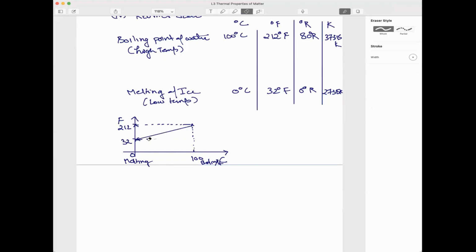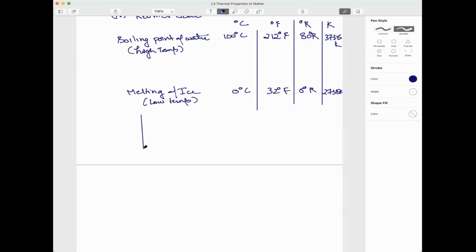Let me repeat this, as there is some confusion while drawing. What I'm doing is plotting the two scales together, and then I will generalize it for the other scales. Let's say degree Fahrenheit is here and degree centigrade is here. At 0 degrees centigrade, it's 32 degrees Fahrenheit, so the first point is this.